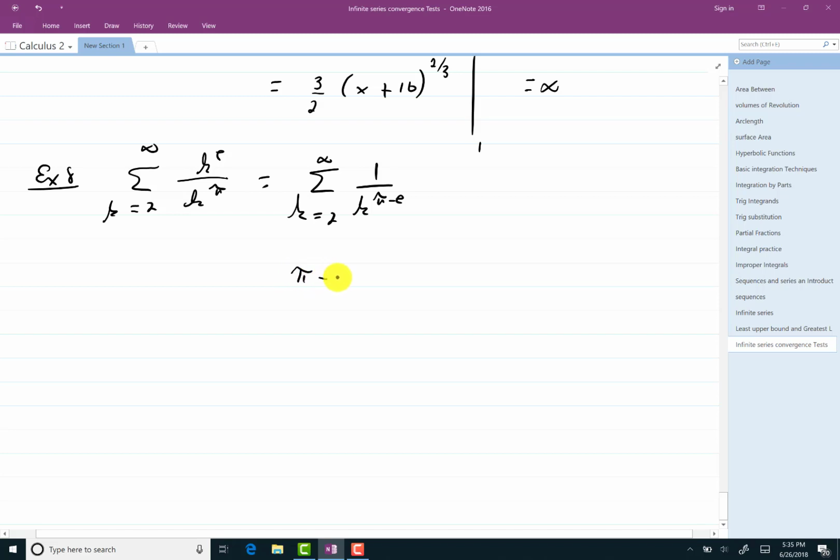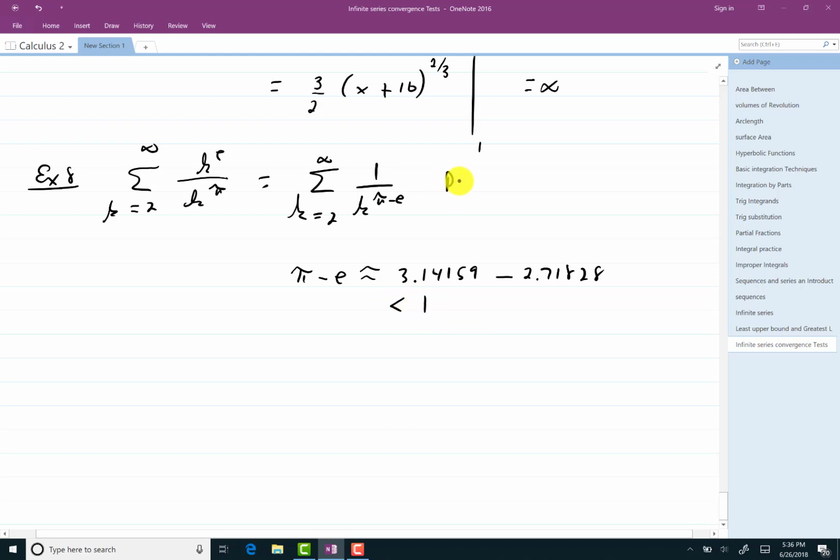Pi minus e is roughly equal to 3.14159, etc., minus 2.71828, etc. Clearly, this is, I don't know, 0.3 something, but whatever it is, it's most definitely less than 1.